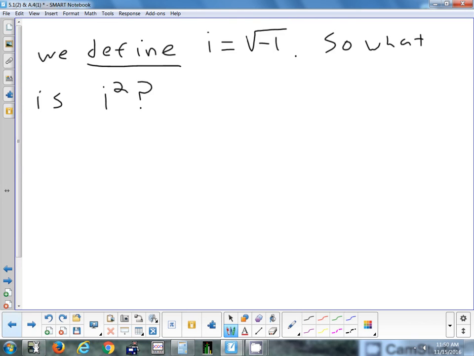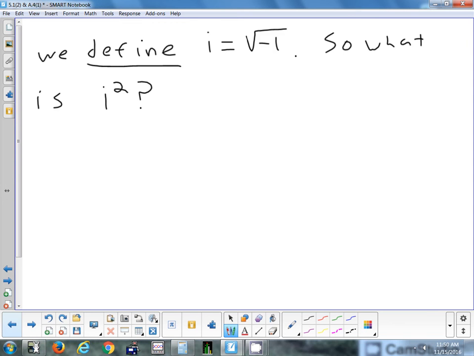It's kind of like in geometry when you say parallel lines don't cross. You can't explain why. That's how you define it. And from that fact, you can do other things in geometry. Same thing here. i equals the square root of negative 1. It just is.